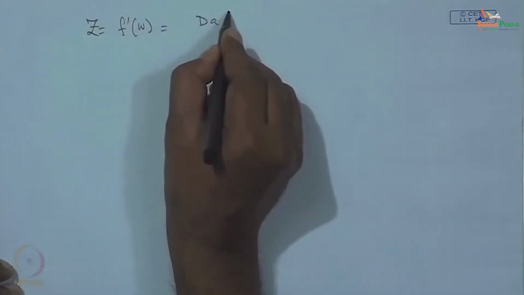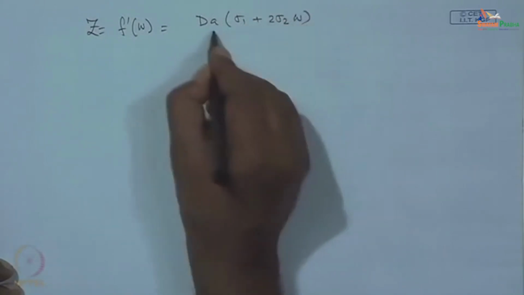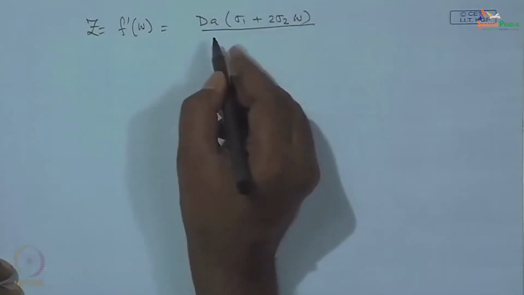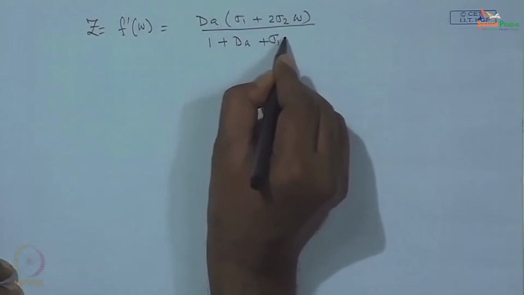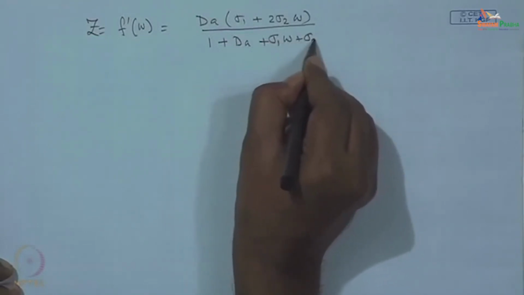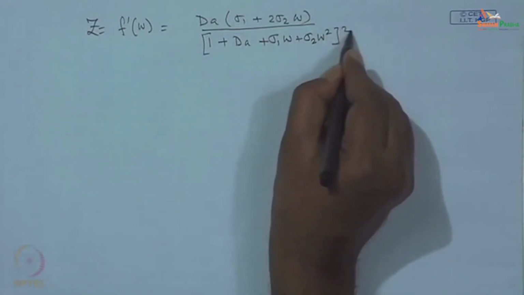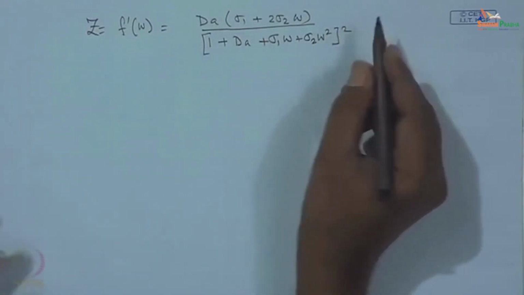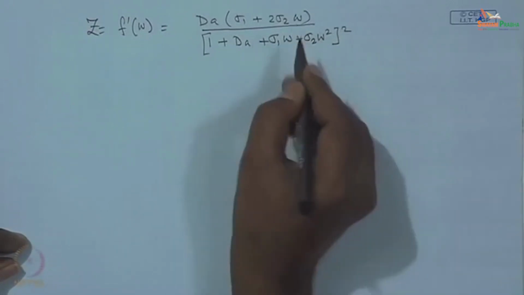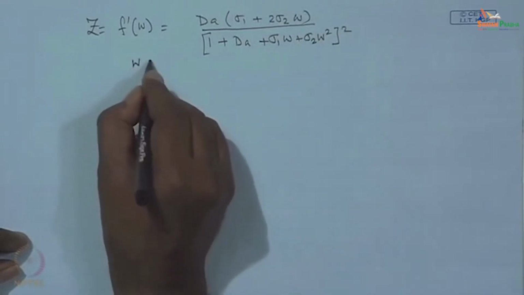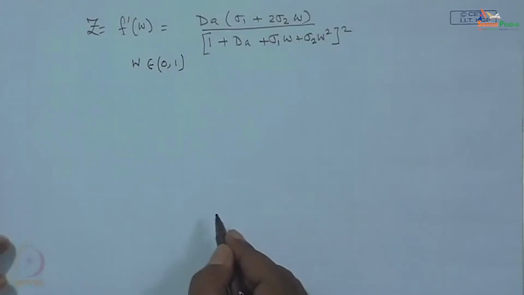So, dA times sigma 1 plus 2 sigma 2 w divided by 1 plus dA plus sigma 1 w plus sigma 2 w square, then square of that. Now, z is a continuous function of w, where w is a variable lying in the domain of x, that is from 0 to 1.